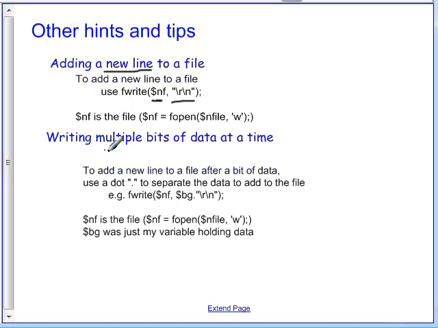Also, you can write multiple bits of data to the file at the same time by separating that data with a full stop. So in this case, again, we're writing to the same file, and we're going to write what's in this variable called $bg, and we're going to add to it after it \r\n, which will then put an end of line character in your file, so the next time you write to it, it will be on a new line.